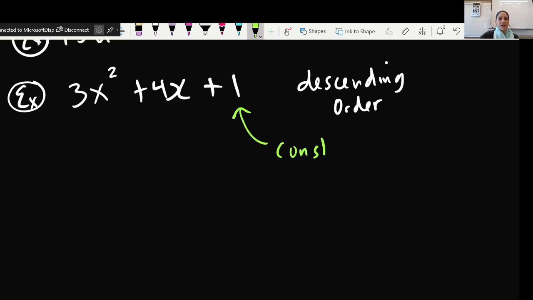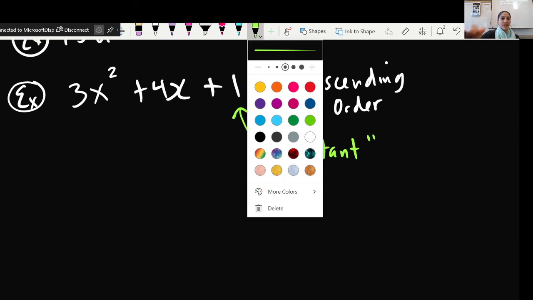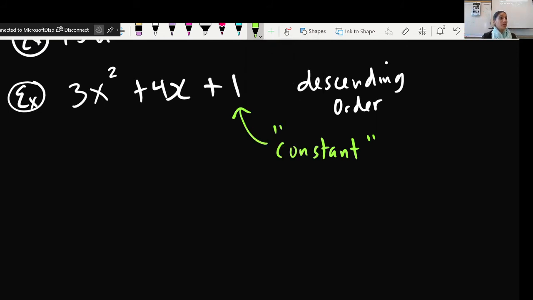We call that a constant. Have you learned that before? Yes? Good. So if we want the degree of this entire polynomial, of this entire trinomial, we always look to the lead term. So this is our lead term.